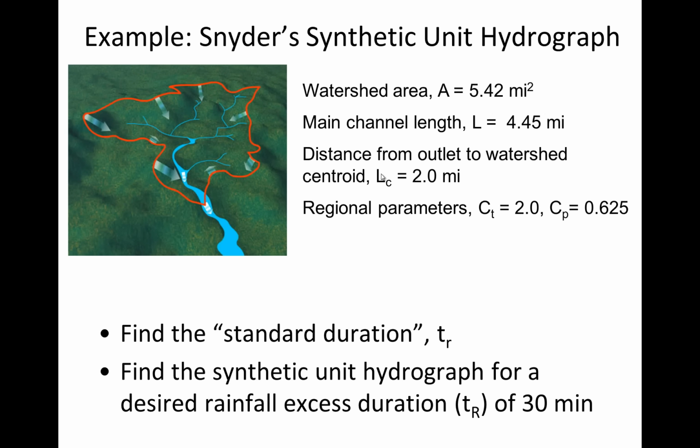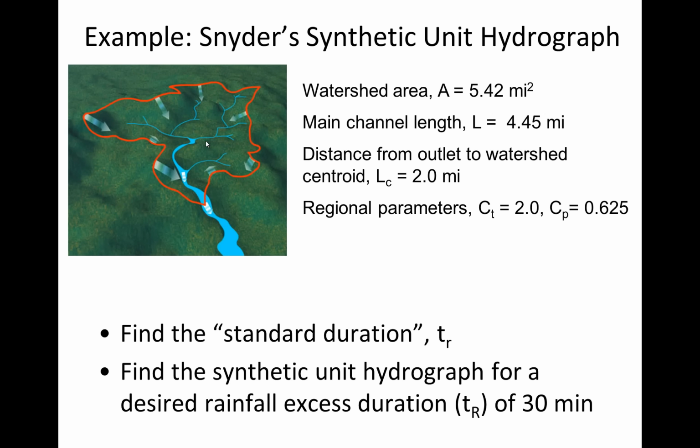This L sub P is a little bit more abstract. That distance is how long from the outlet to the centroid of the watershed. In the book they describe it as a mirror image distance from the outlet to the point opposite the centroid, but essentially that's the same thing as saying the distance from the outlet to the centroid of the watershed itself, and so the center of area, and that accounts for the shape of the watershed.